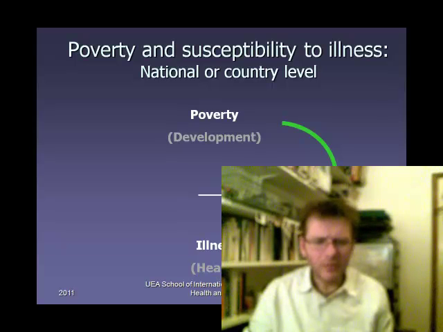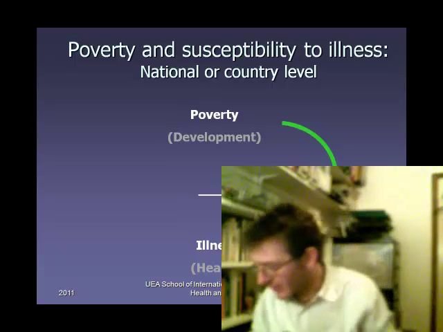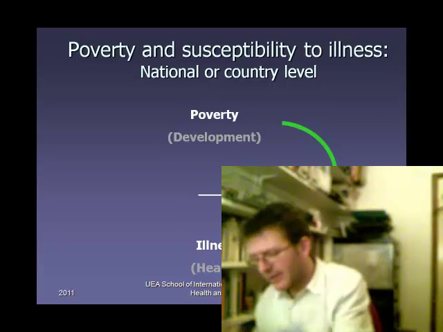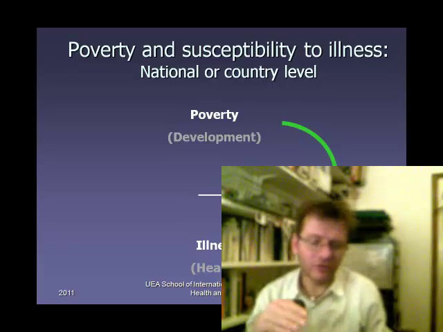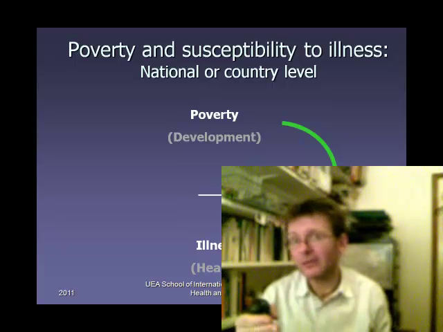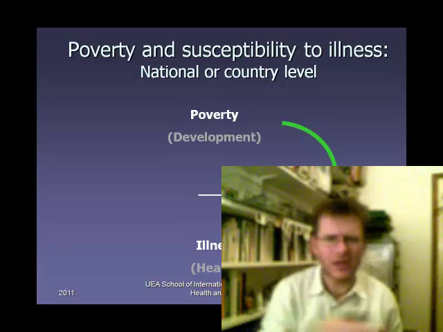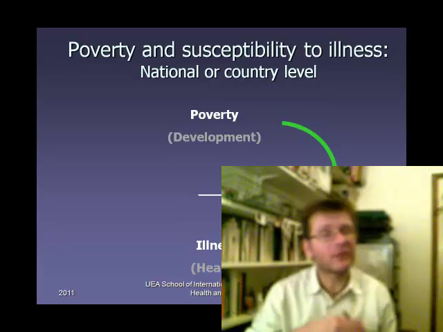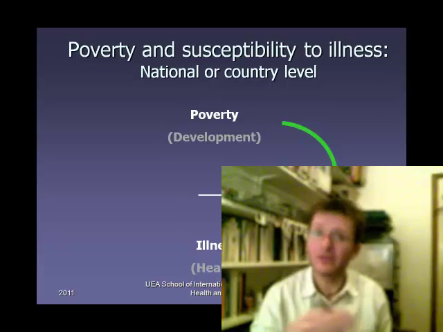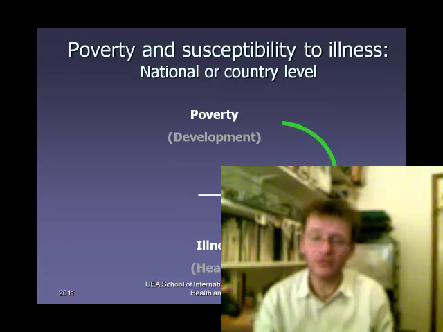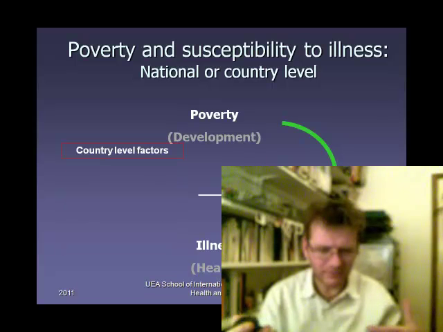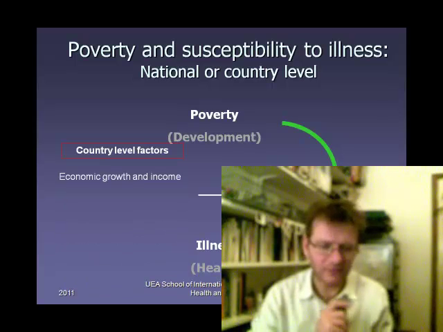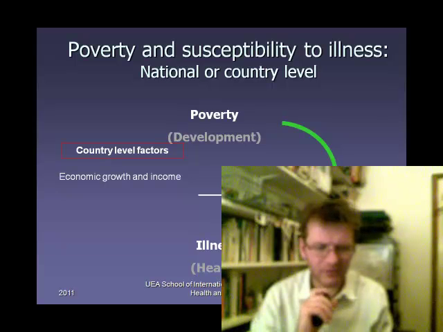But what about poverty and susceptibility to illness at a bigger scale, at a national or country level? If we ask why some poor countries actually do quite well in preventing illness, whereas other poor countries don't, and why some better off countries, such as South Africa, don't do so well in preventing ill health, we can identify several country level factors.